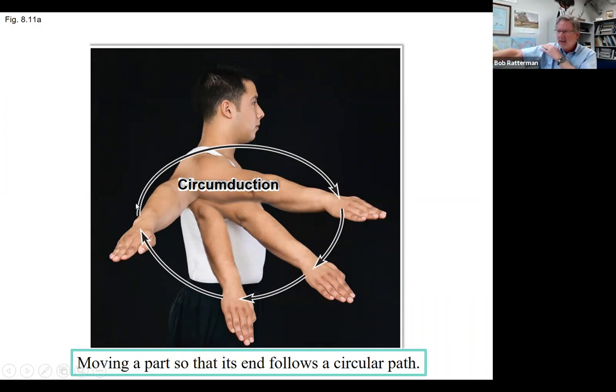So the top of the cone stays somewhat stationary, but the bottom of the cone we're drawing with our hand. We could also illustrate circumduction by moving our finger, right? Think about that. As you circumduct, you're etching or sketching an imaginary cone.